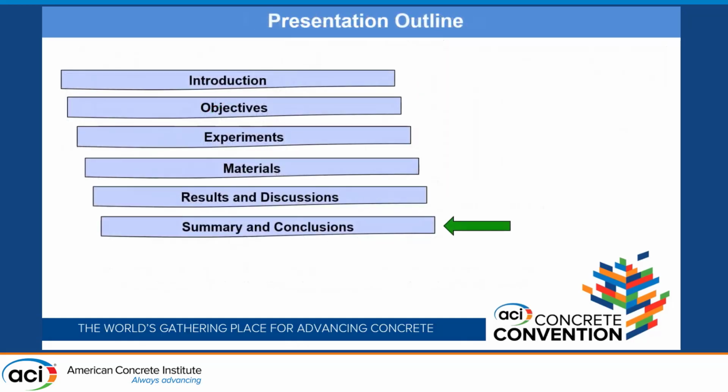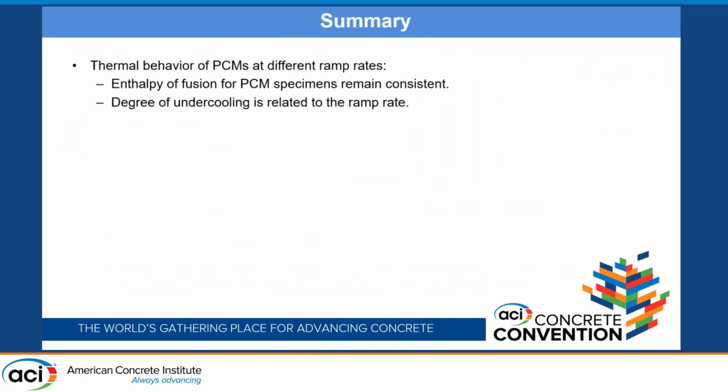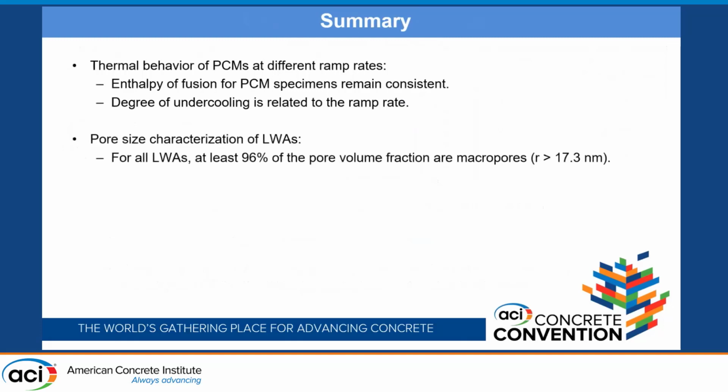Okay. So to summarize and conclude my presentation, from the thermal behavior of PCM at different ramp rates, the enthalpy of fusion for PCM specimens remained consistent. The degree of undercooling is directly related to the ramp rate of the investigation. For the pore size characterization of lightweight aggregates, at least 96% of the pore volume fractions are macropores.